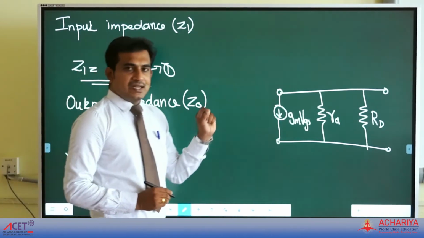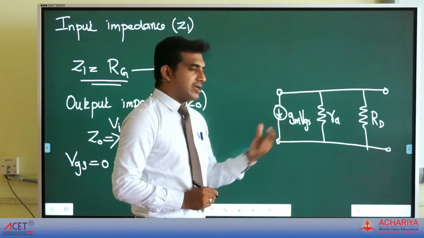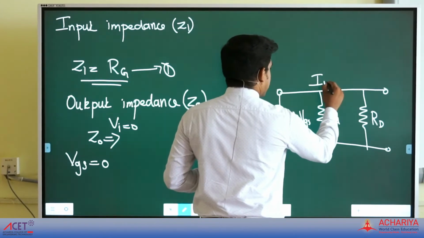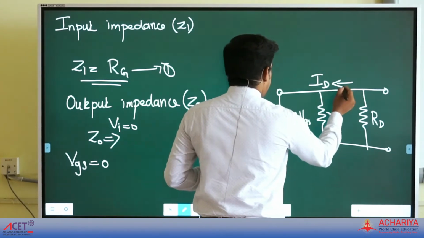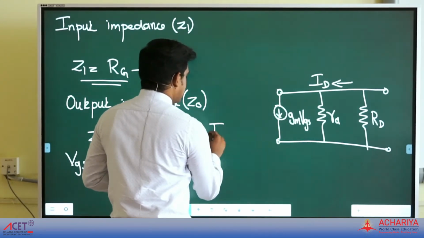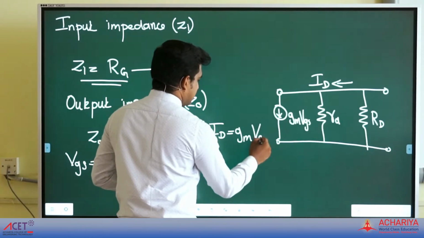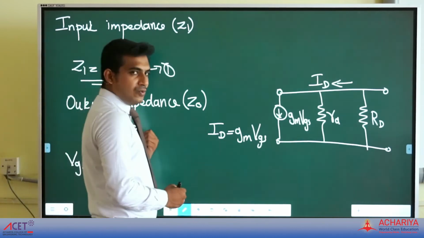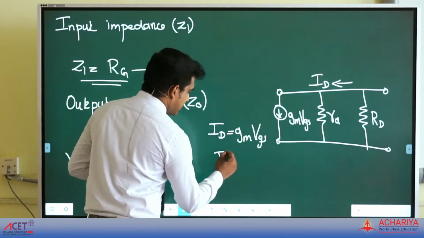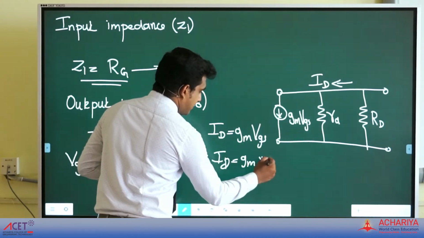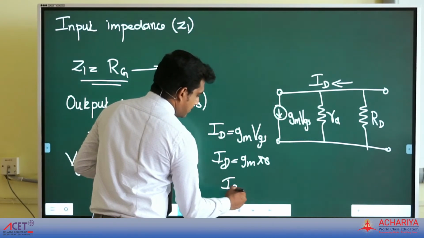If we are considering VGS is equal to 0, automatically the output current ID, this is the output current, it is flowing this side. ID is equal to GM VGS. We are considering the input voltage is equal to 0, so ID is equal to GM into 0, ID is equal to 0.